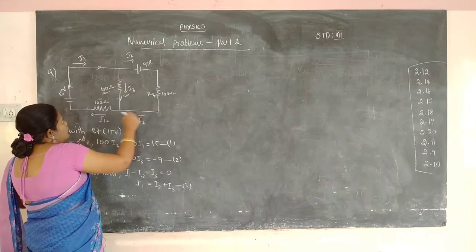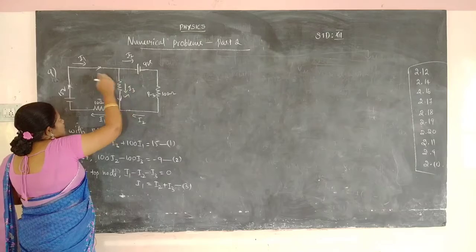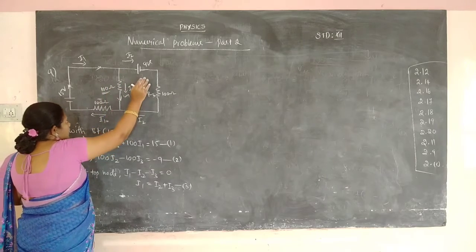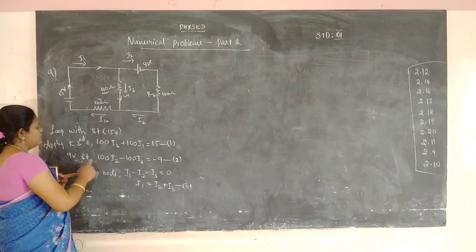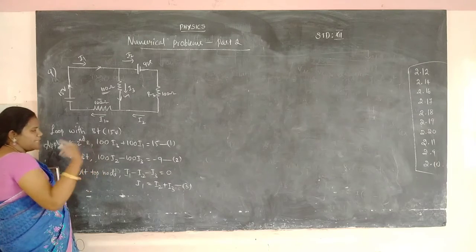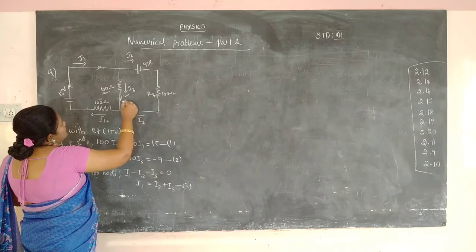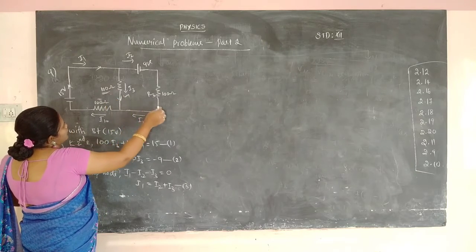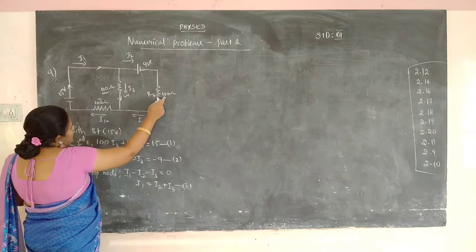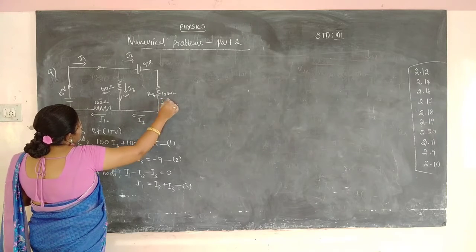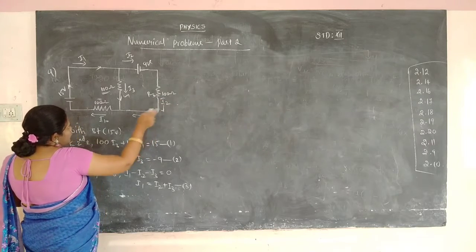We consider the second loop with the 9 volt battery, applying Kirchhoff's second rule. The resistance is 100 with current I2, so 100 I2.